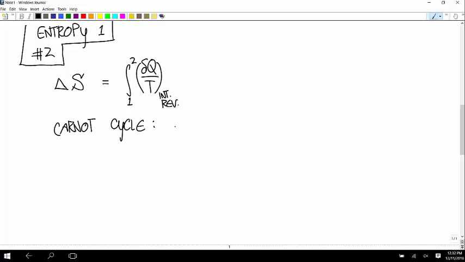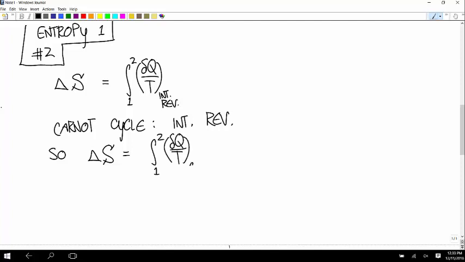So you can think of the change in entropy as being equal to this for our Carnot cycle that we're dealing with in the problem.